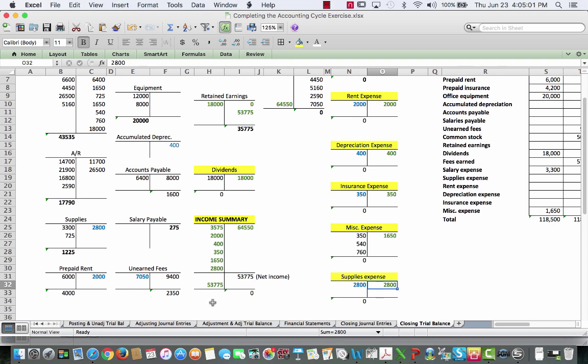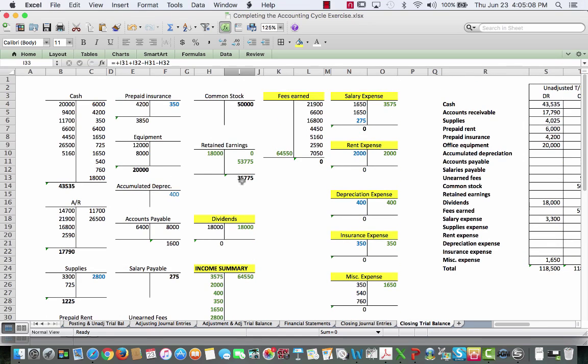And then I went ahead and closed out the income summary to have a 0 balance here, and that number was transferred into retained earnings. If you look at the retained earnings statement, that is our ending balance, after taking out dividends. And finally, our dividends are closed. Now, dividends are closed directly into retained earnings. Dividends are not closed through income summary. Just remember that.